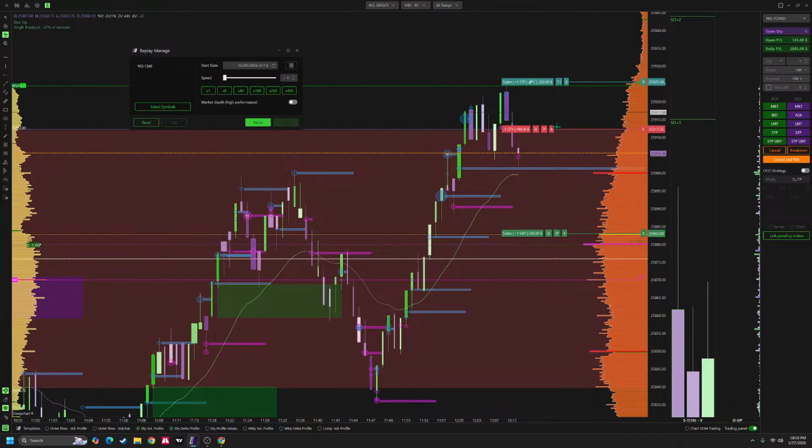So if we do get some kind of crazy move, like right here, maybe more sellers step in again and this time get to push it down.